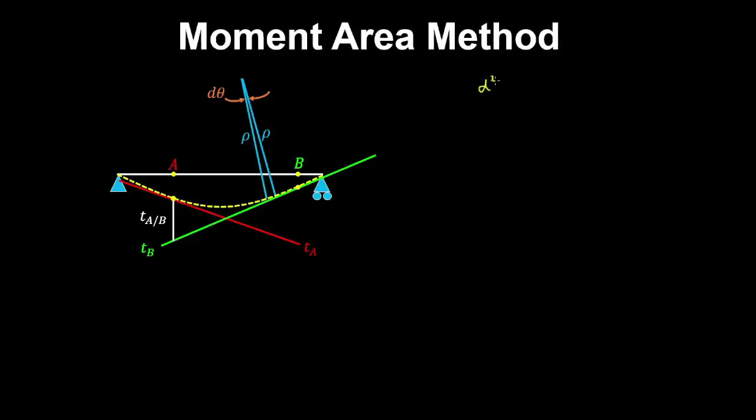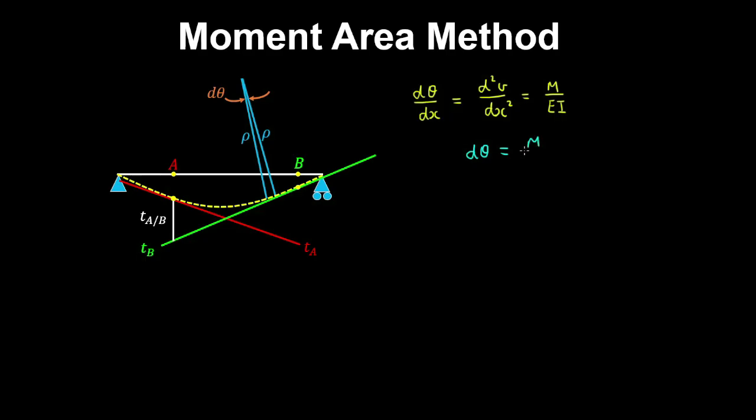Recall that the moment curvature relation for an Euler-Bernoulli beam can be written in this form. So the curvature is equal to the bending moment on the bending stiffness, and the curvature was also the first derivative of the rotation with respect to x. And if you separate the variables, we obtain the following expression.